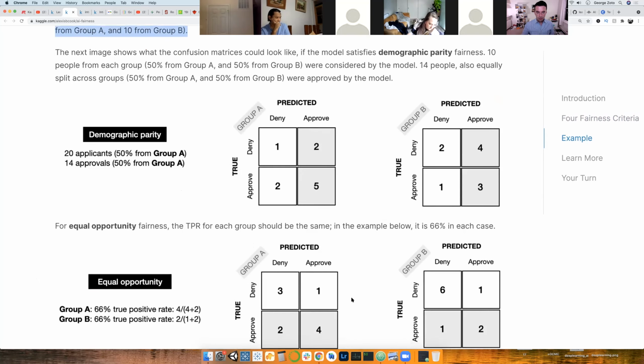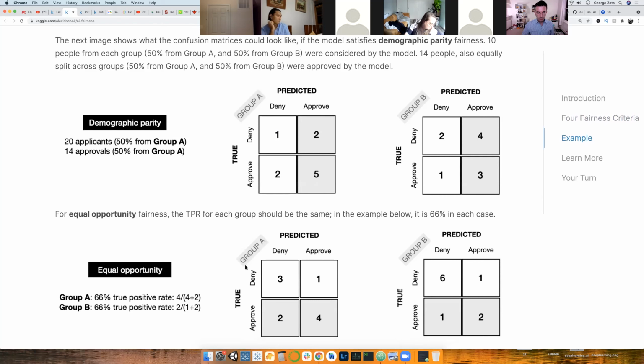In the second one, which is the equal opportunity one, we're looking at the true positive rate. Let's say this is another model. This is another confusion matrix for Group A, and this is another outcome for Group B. So the true positive rate means true positives, which is 4, divided by 4 plus 2, which is the positives regardless if our model agrees or not.